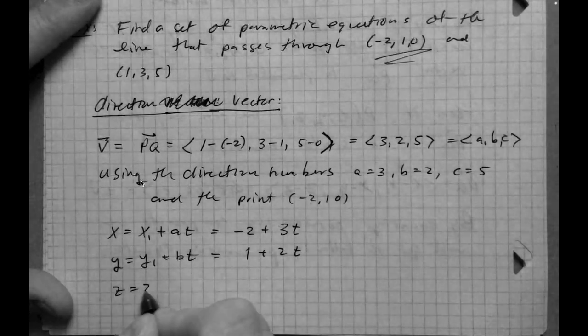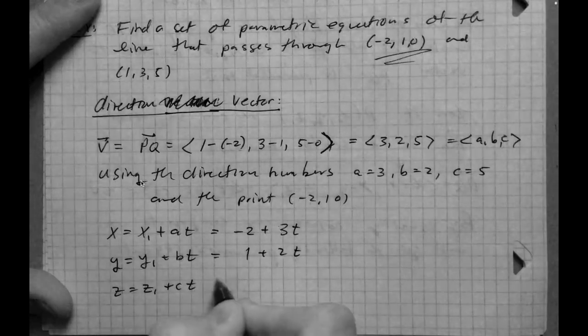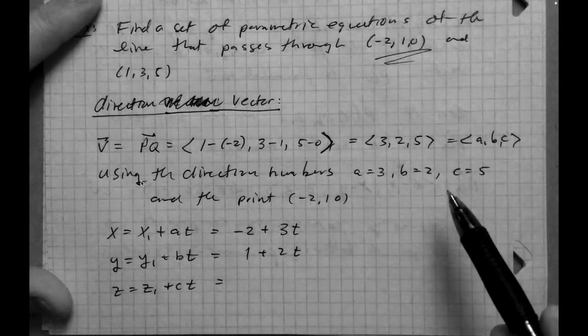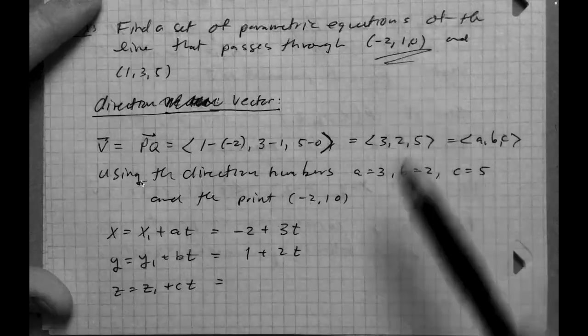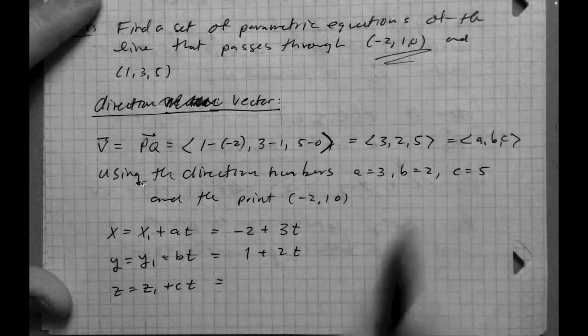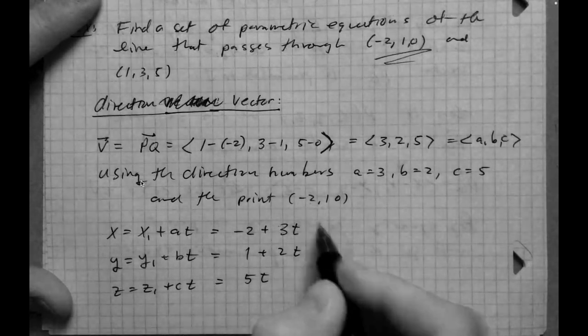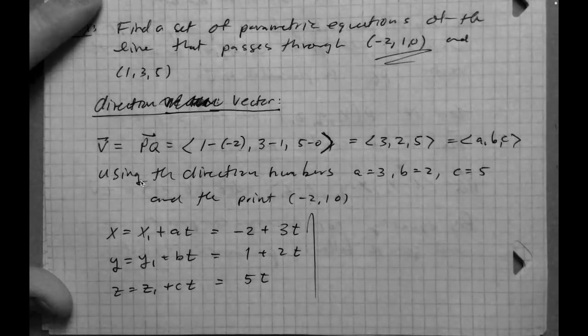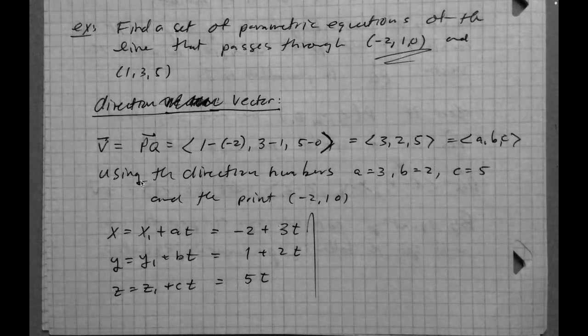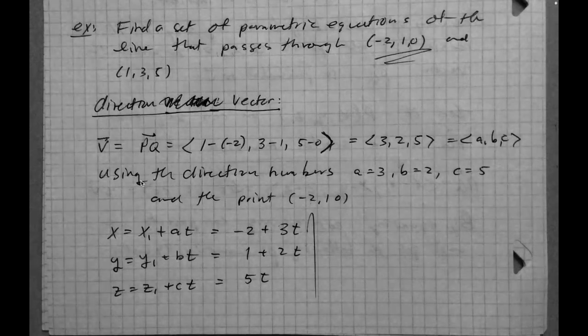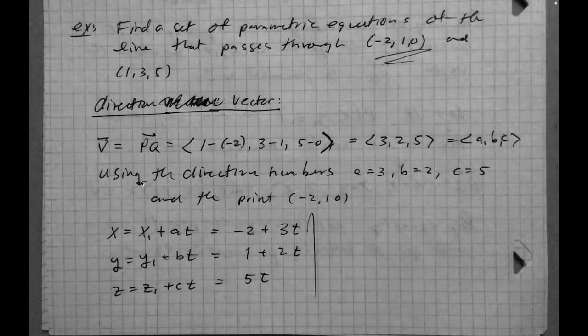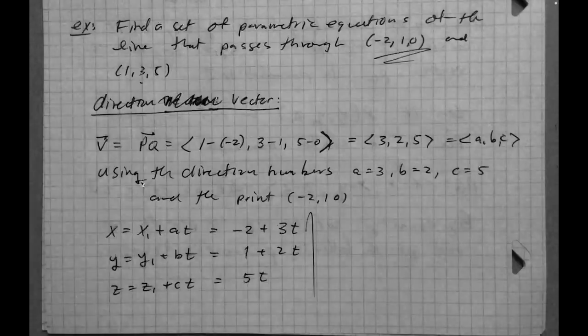And z is z1 plus ct, where z1 is 0 and c is 5, so this is just 5t. Those are the parametric equations which describe this line in 3D space.